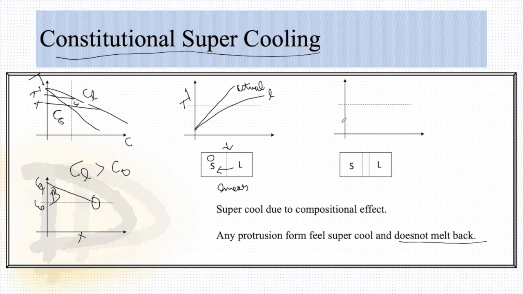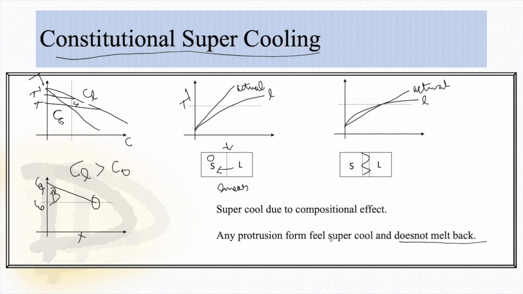But in the case of constitutional supercooling, we promote supercooling by enlarging the interface, and so the liquidus line and the actual line show a very small difference in their measurement.